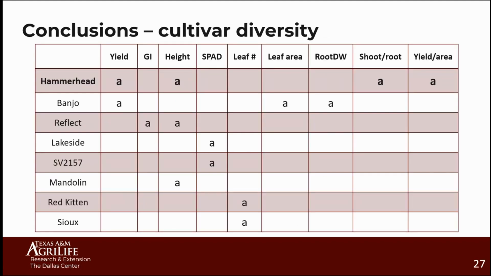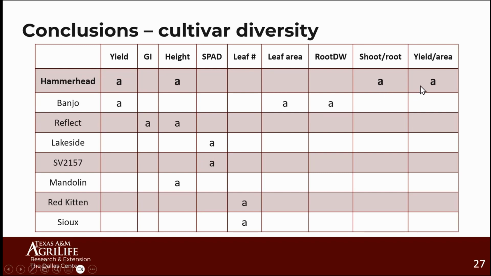And for the cultivar diversities, I summarized the results in this table. So we recommended hammerhead, this cultivar, for spinach hydroponic production because it resulted in the highest yield, the highest plant height, the highest shoot to root dry weight ratio, as well as the highest yield per horizontal area.